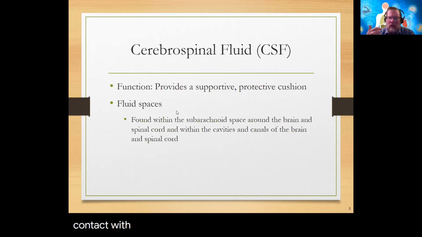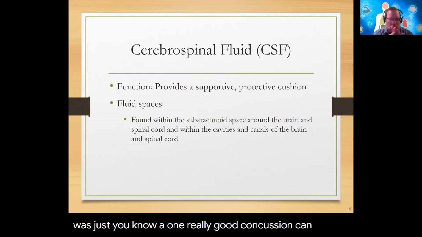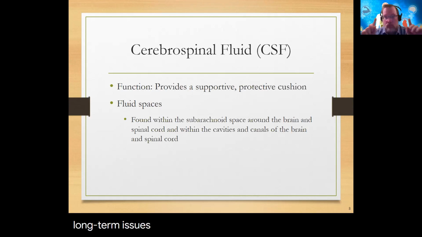We used to think with concussions that one really good concussion can lead to long-term issues. That's true. Certainly can, right? Maybe even a couple of pretty good concussions can lead to some long-term issues.